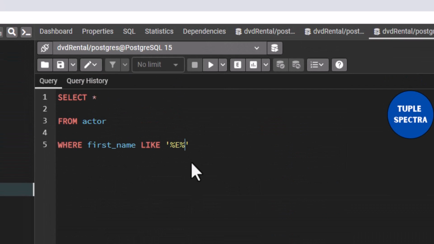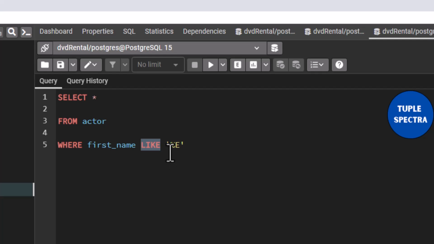Let us assume that I take out this percent right here. What does this mean? This means that we want to have E as the last character in that column. That's for this first name, right? We want in that name to have E as the last character. And take note, this is uppercase E. Take note that this LIKE operator is case sensitive.